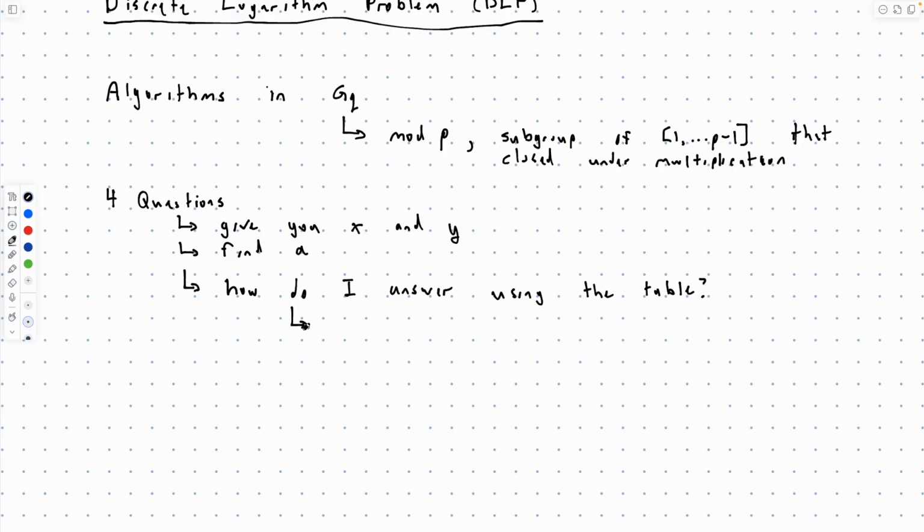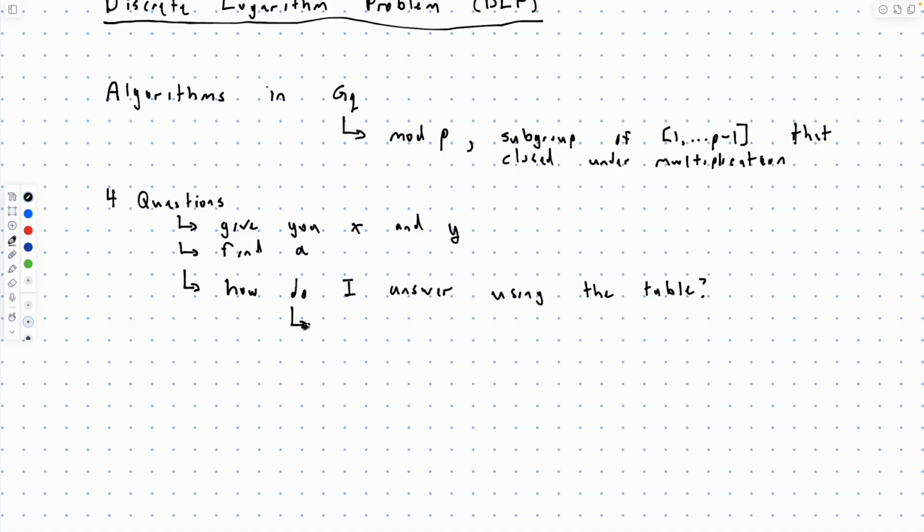If the answer is I'm going to scan along a whole row or a whole column of the table and find the answer, that's not efficient. If I can just go directly to the answer in the table, or maybe do that a few times, then it's going to be efficient.